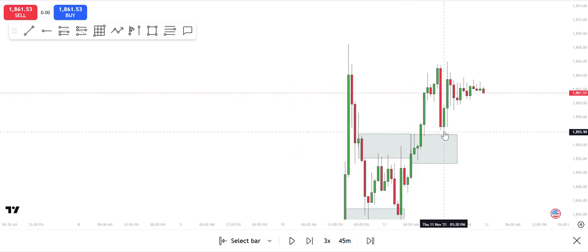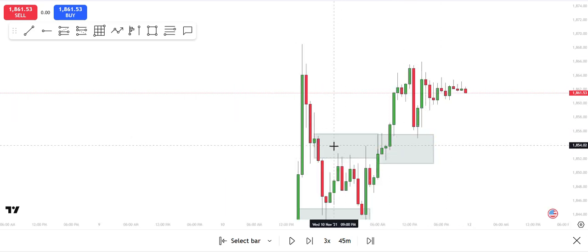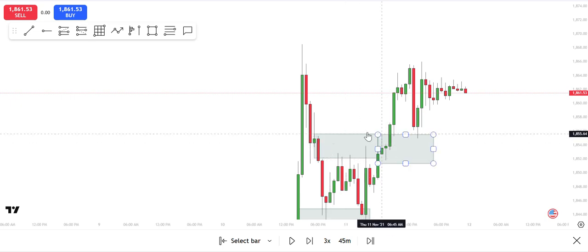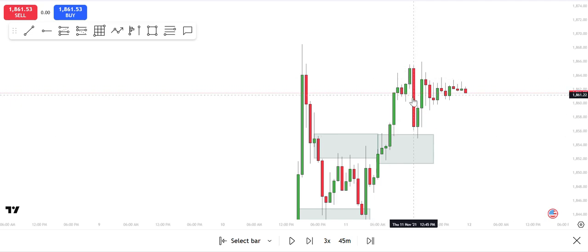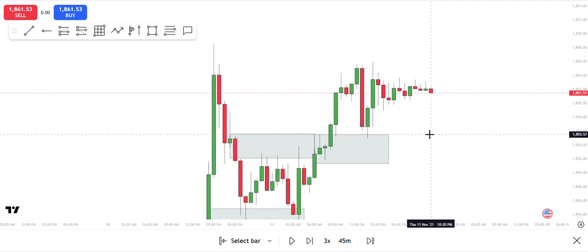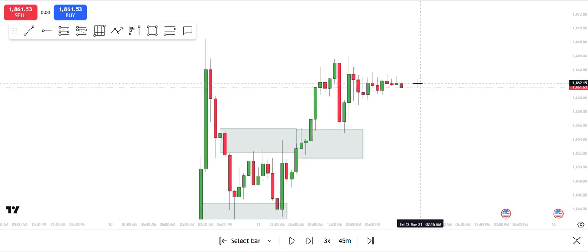And when it tapped into it, we saw that there was a push. That means that those who are buyers had already taken over this zone now. They have taken over because they were able to break through whatever supply was here, and they were able to establish their presence. You can see that by evidence: they came back here and there was demand for them to move, and we went up.